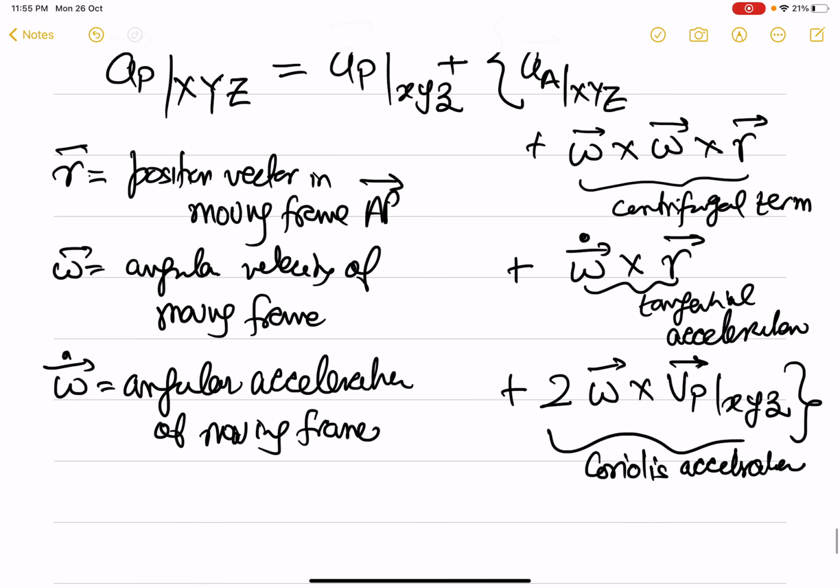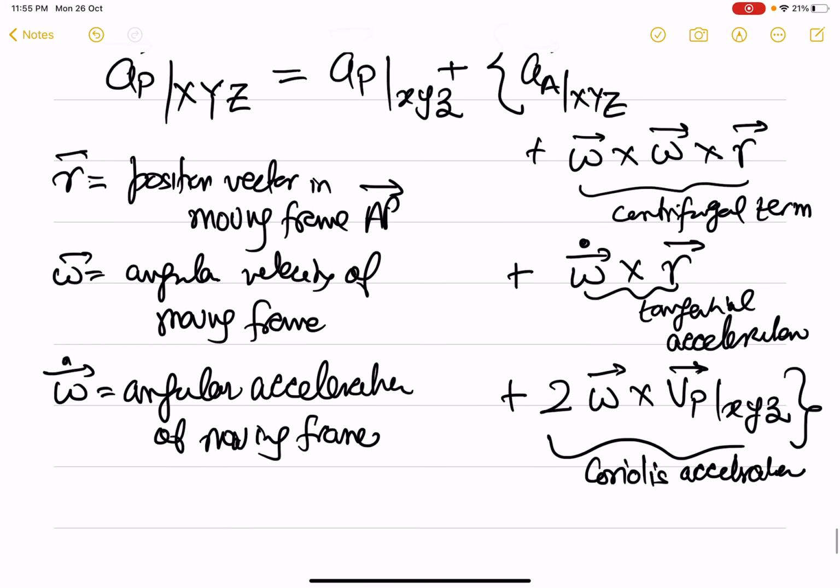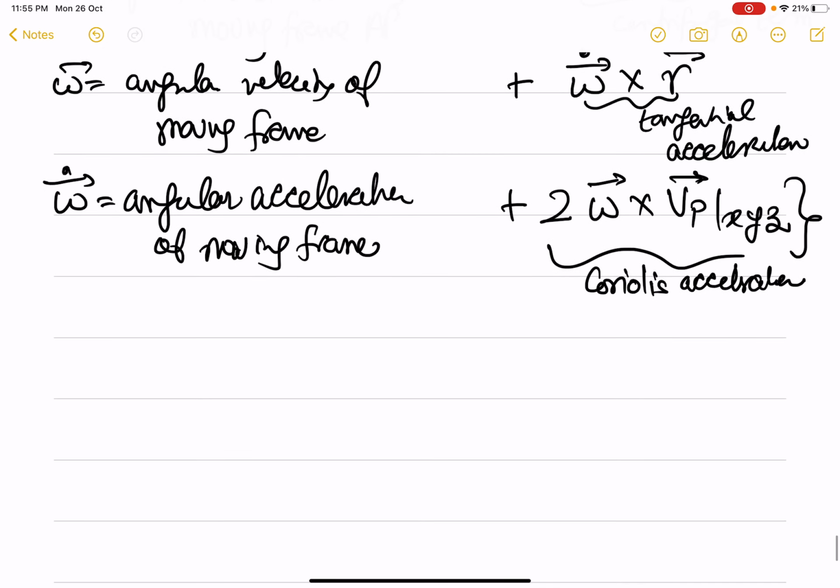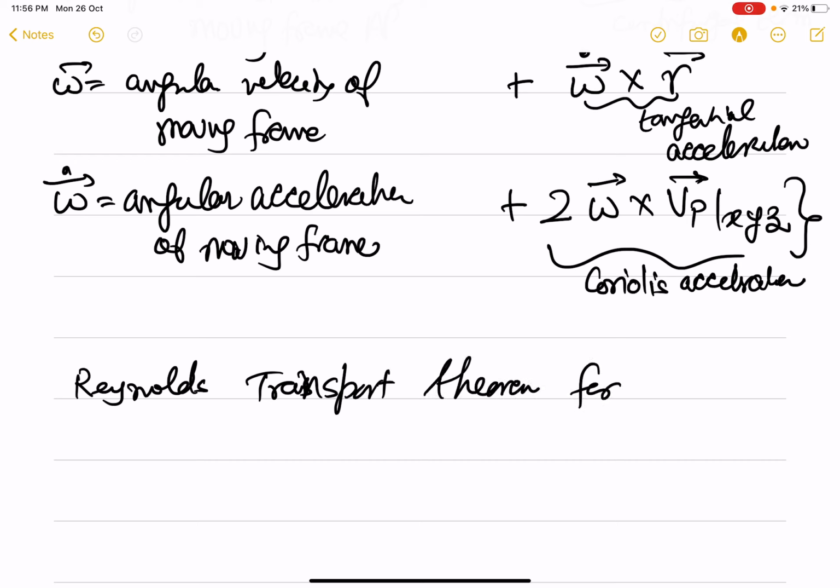So now let's look at the Reynolds transport theorem for a moving control volume, and actually this moving means an accelerating control volume.